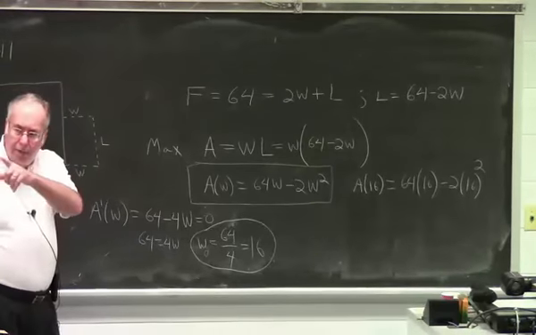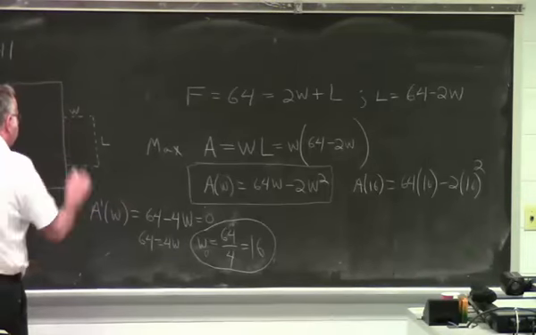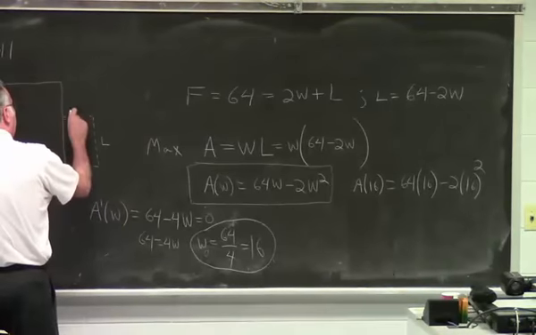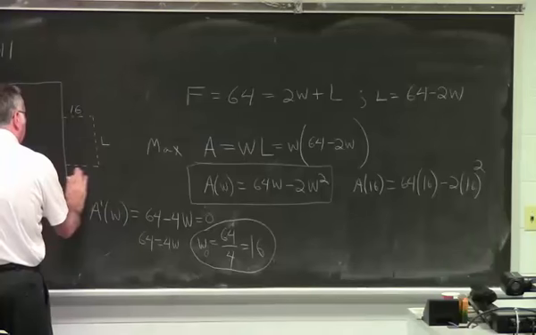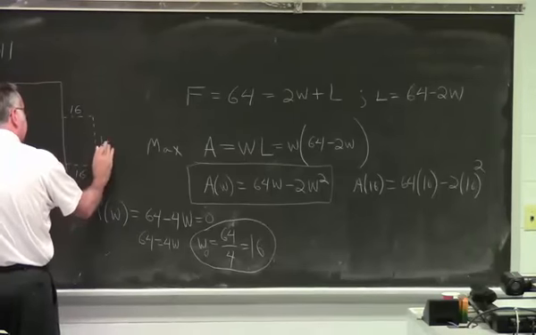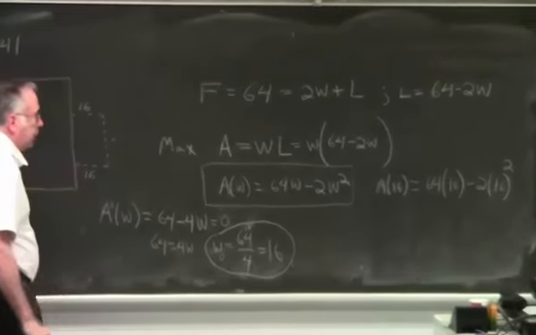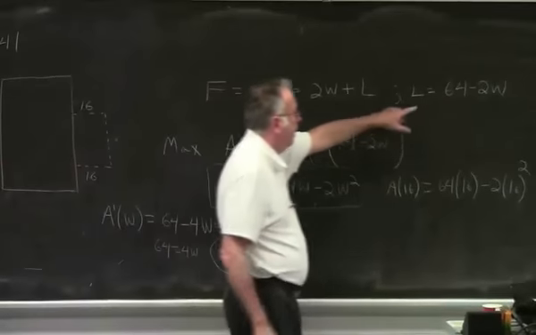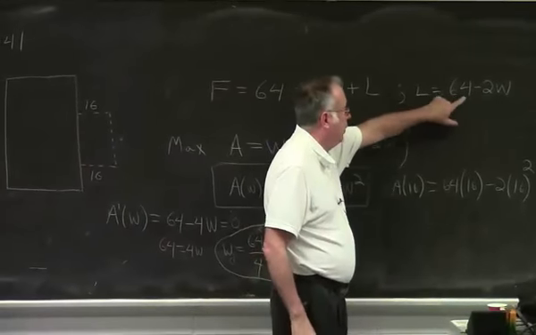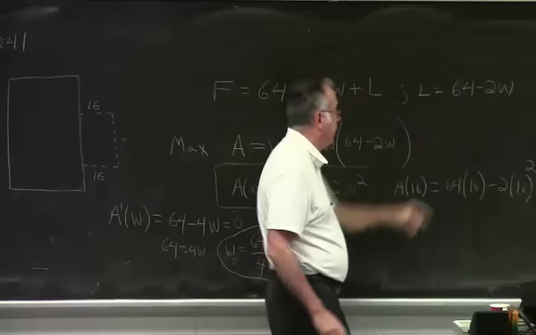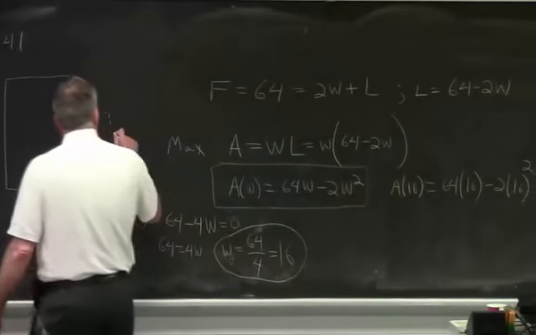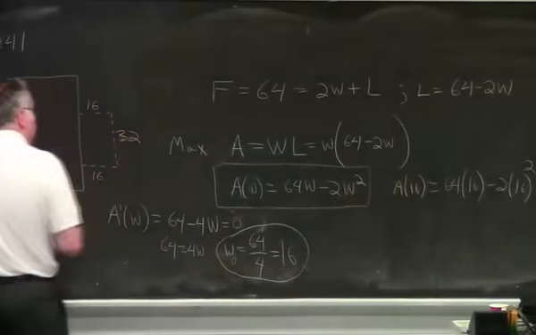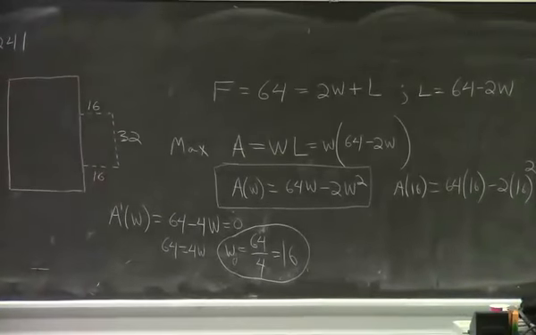Actually, we could quickly figure it out. If this is 16, what is L equal to? 64 minus 32 is 32. Our L value is 32.